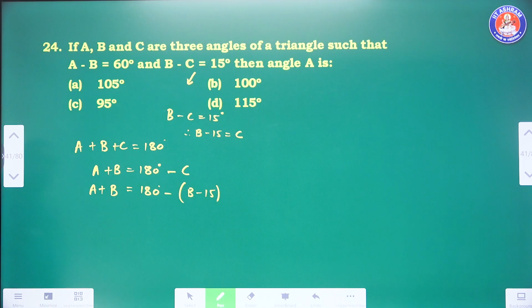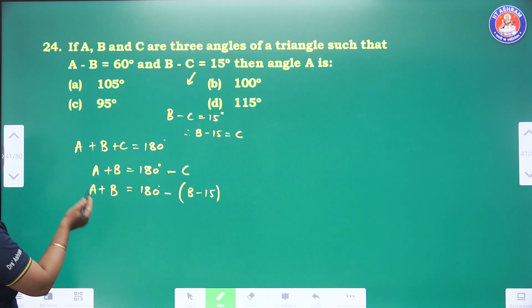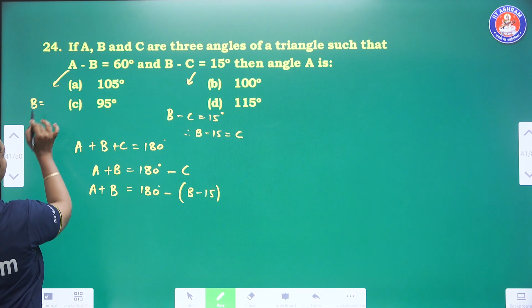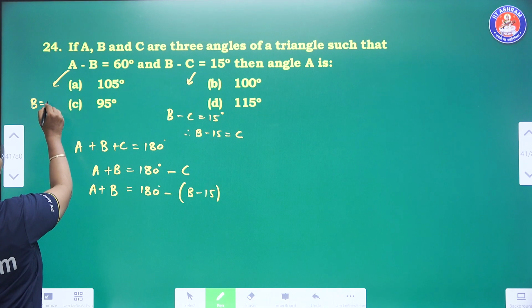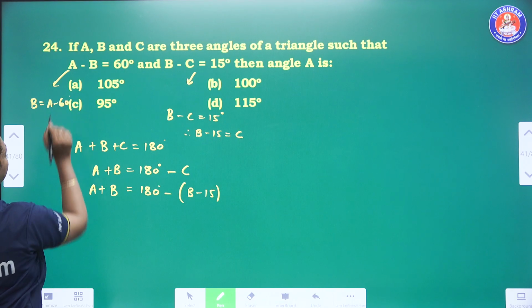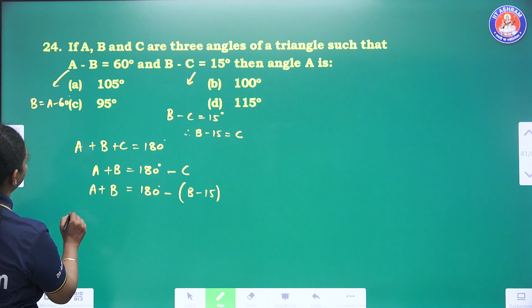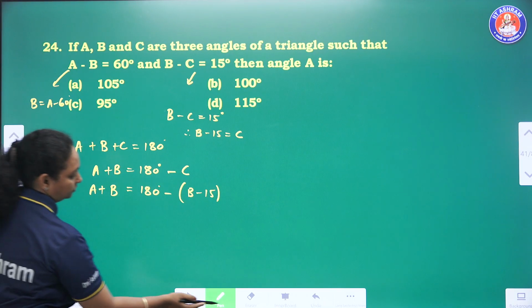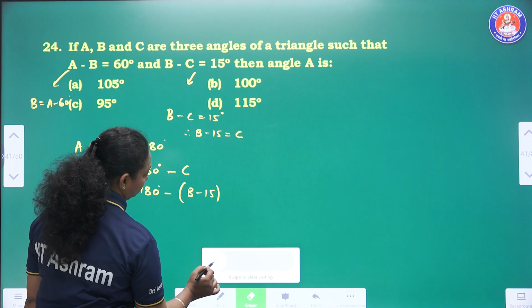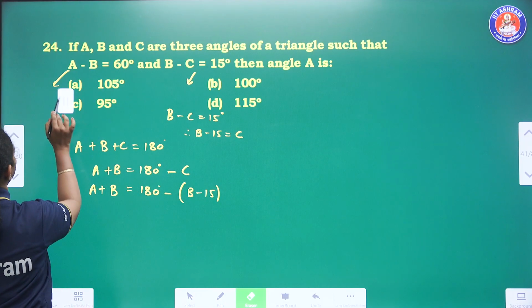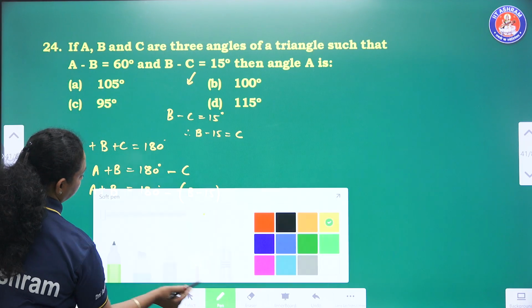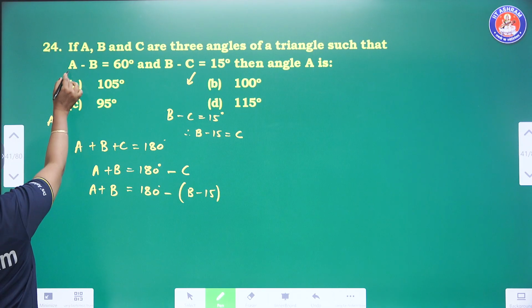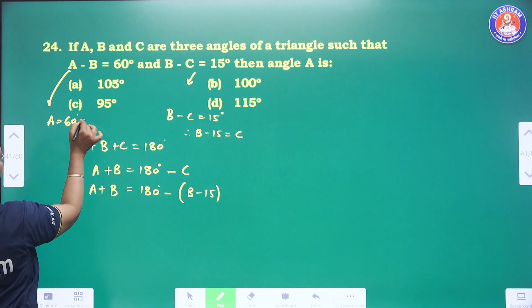Okay, same we do for A. A minus B is equal to 60 degree. So can I write A is equal to 60 degree plus angle B?